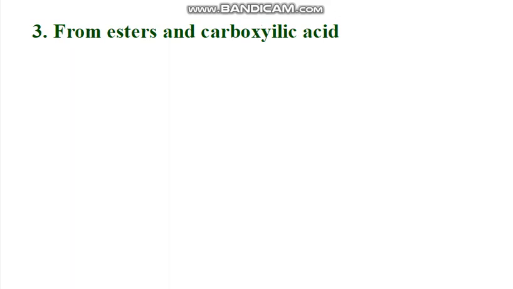Next method of preparation of alcohol is from esters and carboxylic acid. First method of preparation is reduction of this carboxylic acid. Carboxylic acid we know is COOH, isn't it? When this carboxylic acid undergoes reduction, we get an alcohol. Here there is R group.